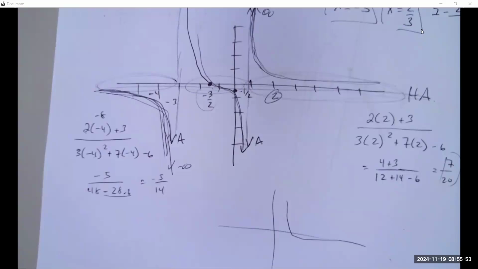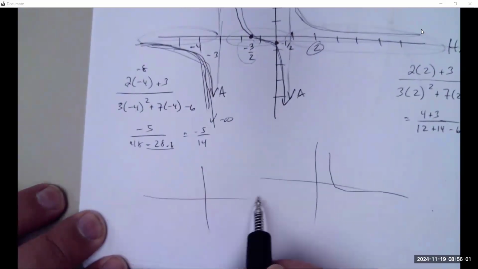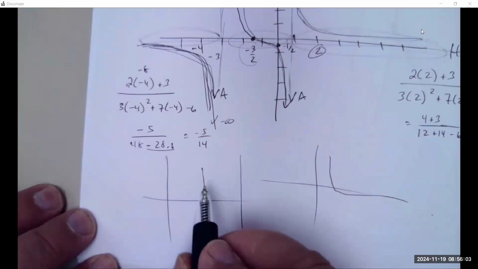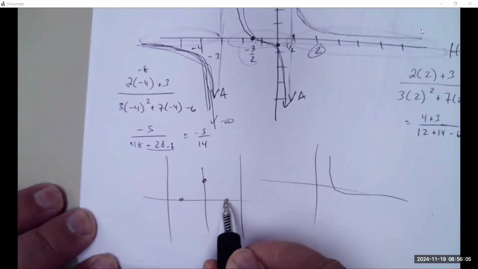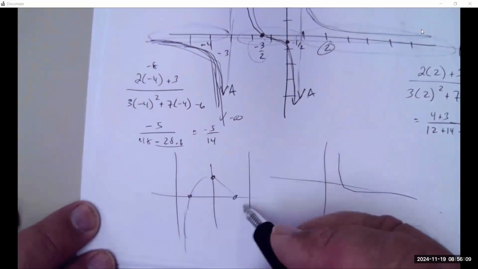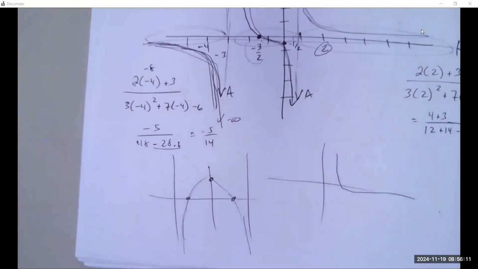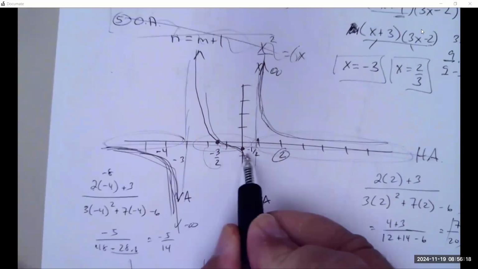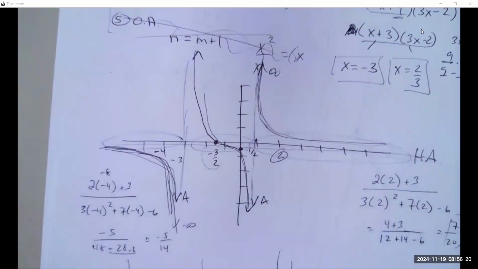It's just the way the function is structured. Sometimes we may see equations where we have a vertical asymptote here and here, and these intercepts. We can have a parabola inside there, but it's all dictated by the functions themselves. But since we only have one x-intercept and one y-intercept, it's a decreasing function at that point.